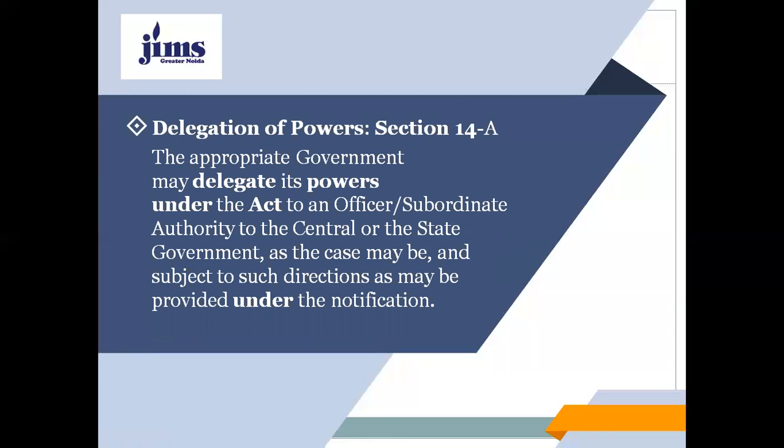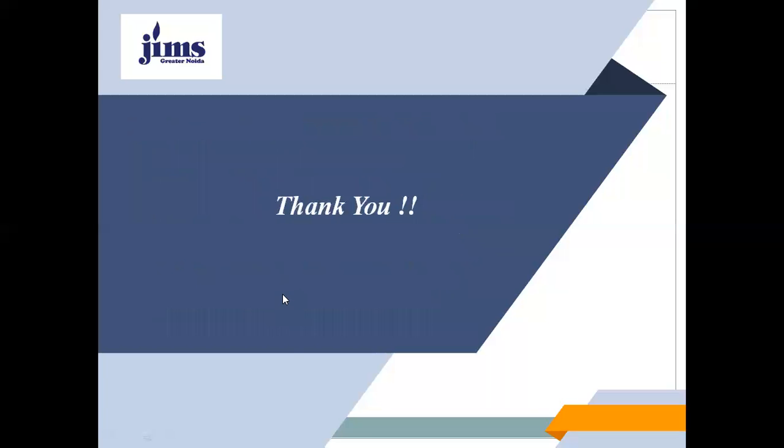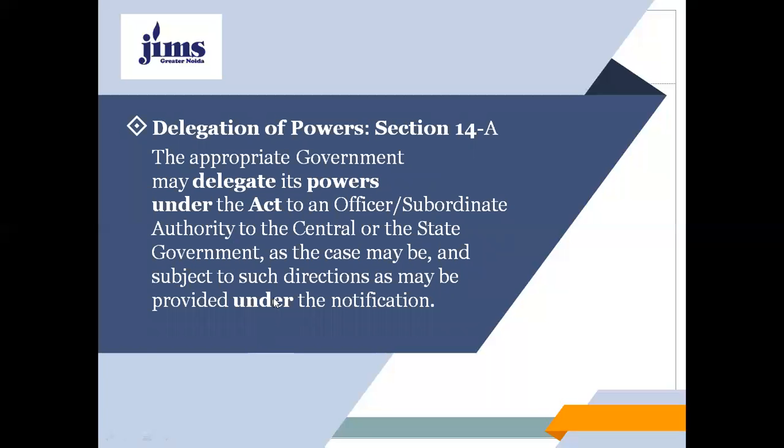The appropriate government, by notification in the official gazette, may direct that any power exercisable by it under this Act or any rules made thereunder shall, in relation to such matter and subject to such conditions, if any, as may be specified in the direction, be exercisable where the appropriate government is the central government, by such officer or authority subordinate to the central government or the state government, or by such officer or authority subordinate to the state government as may be specified in the notification.